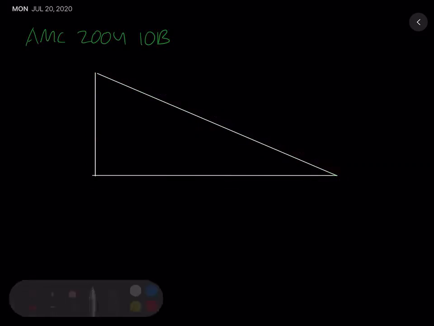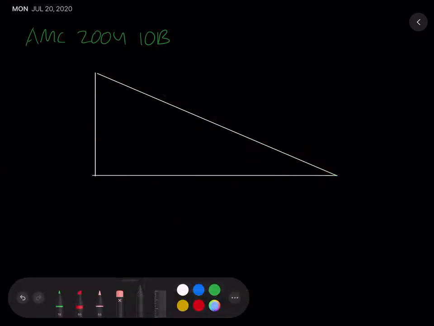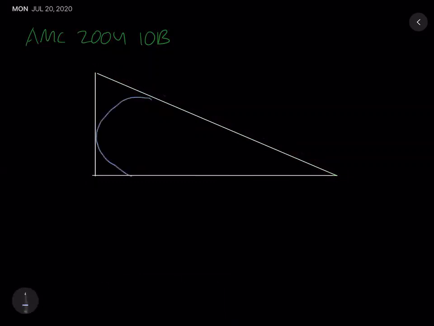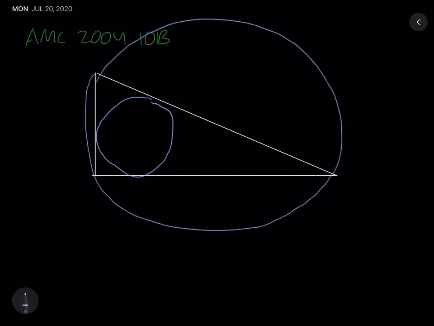So the inscribed circle looks something like this. A very good circle, by the way. And the circumscribed one looks something like this. We want to find the distance between these. Keep in mind that the center of a circumscribed circle on a right triangle is at the midpoint of the hypotenuse.